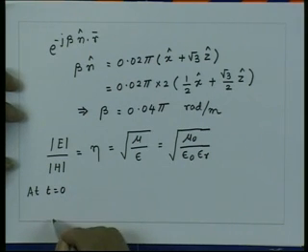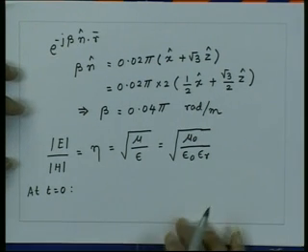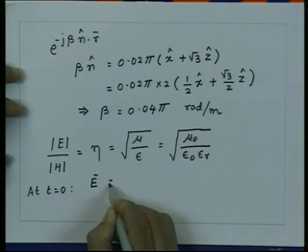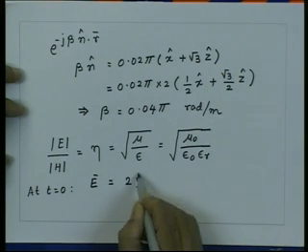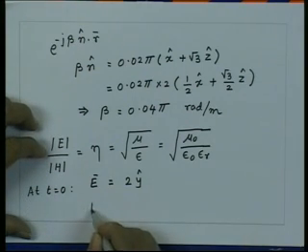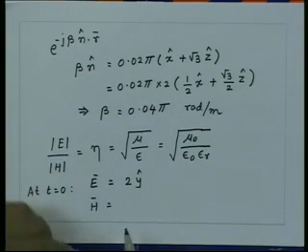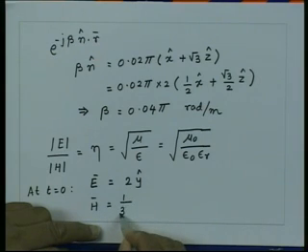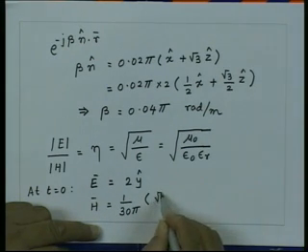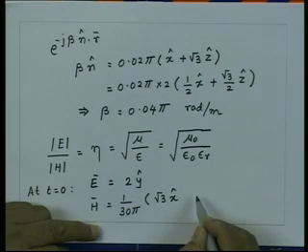So, at t equal to 0, the electric field is given as 2 into y cap, of course multiplied by the phase function, and the magnetic field at that instant of time will be 1 upon 30 pi into root 3 x minus z cap.